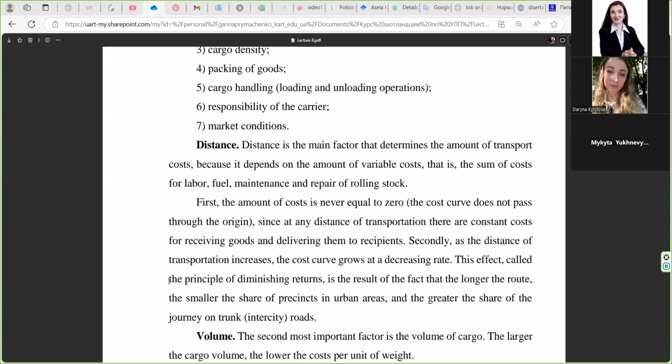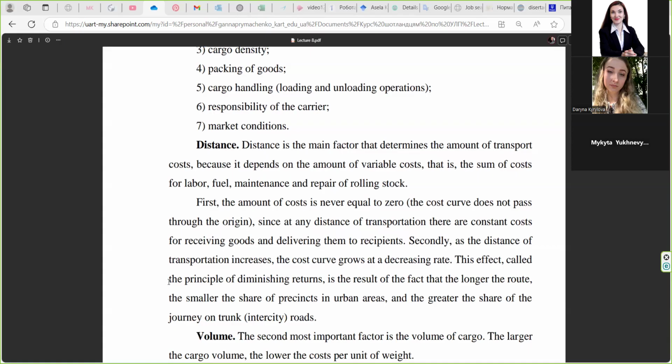First, the amount of cost is never equal to zero. Why? Because the cost curve doesn't pass through the origin, since at any distance of transportation there are constant costs for receiving goods and delivering them to recipients.